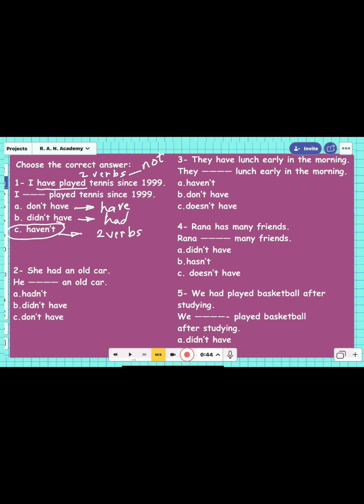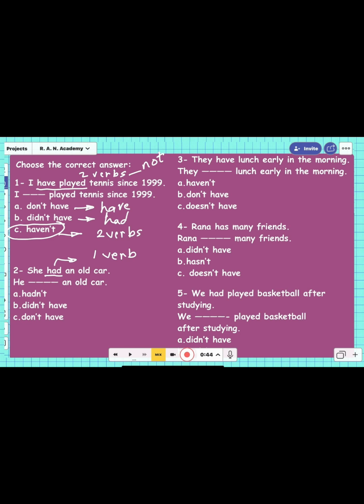Number two, she had an old car. So look at the verb, you will see only had. So this is one verb, a main verb. So I will choose don't or doesn't or didn't.